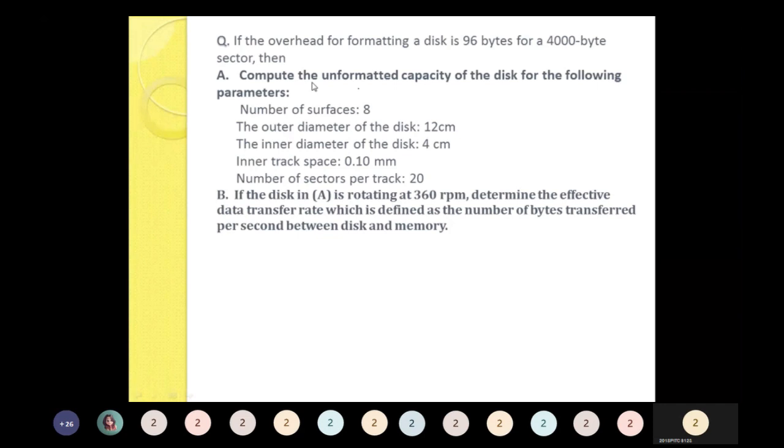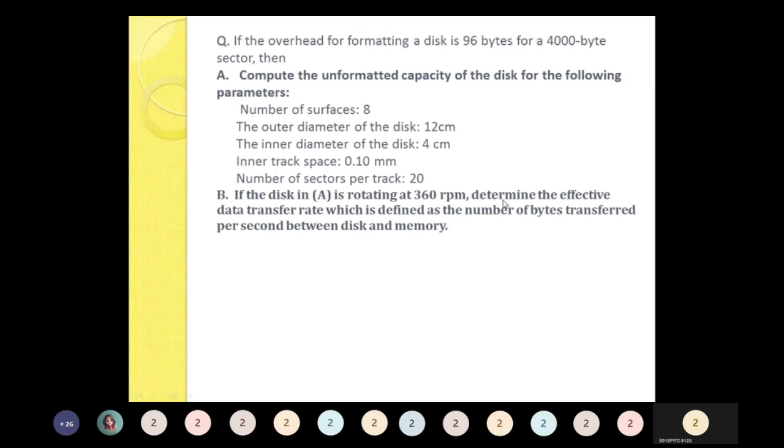And this is one of the questions. Here, with this given data, I have another question. If the disk in A is rotating at 360 RPM, that is rotations per minute, the speed is 360 RPM.